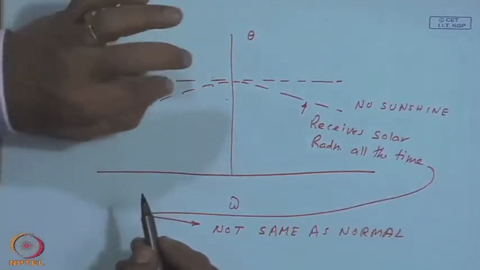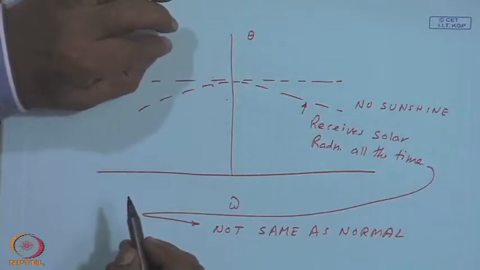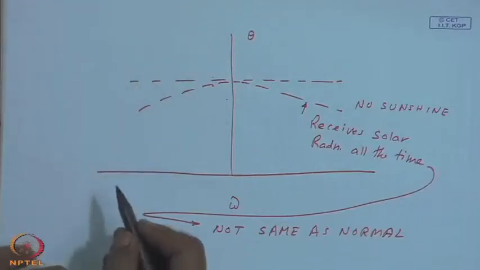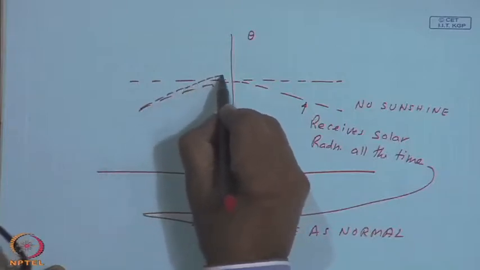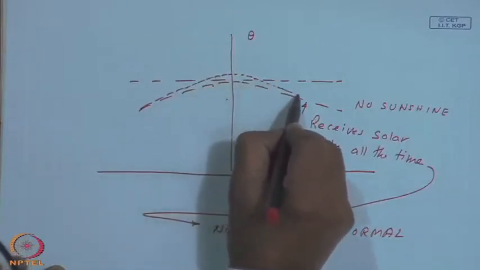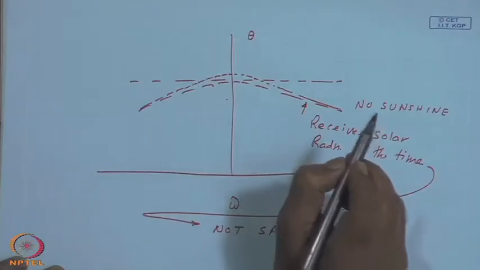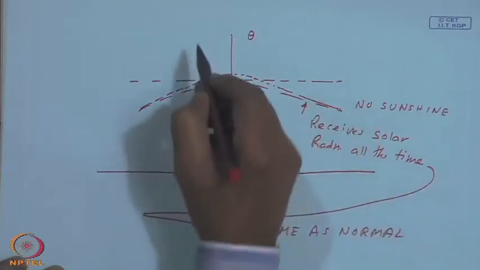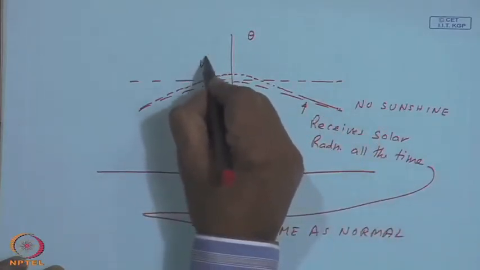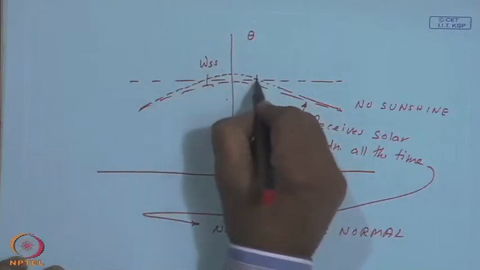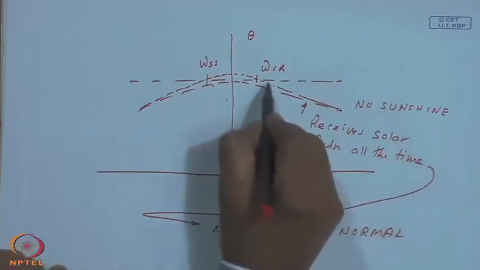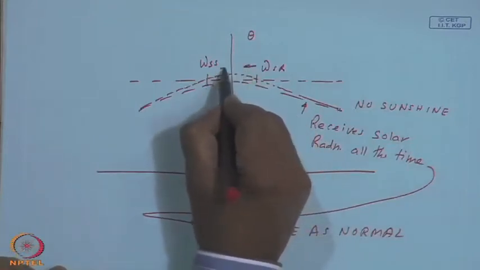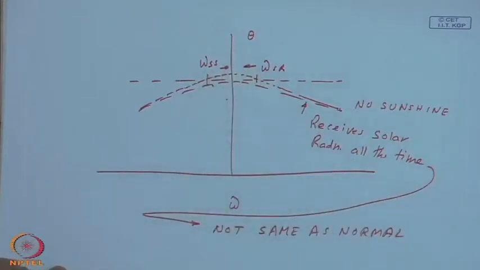In other words, it is a degenerate case of double sunshine. For a slightly different value of beta, I might have had something like this. So, this is my omega s s, this is my omega s r, which shrunk and tended towards 0.